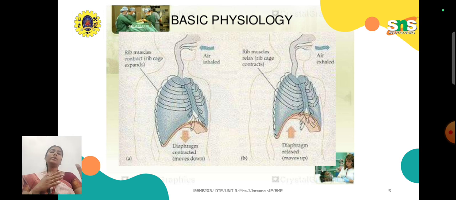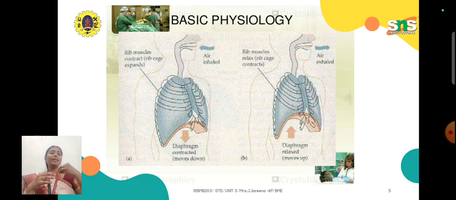On the other side, during expiration, if you see the same thing: we have to exhale air from inside to outside of the environment. For that, the thoracic pressure has to be very high compared to the atmospheric pressure.